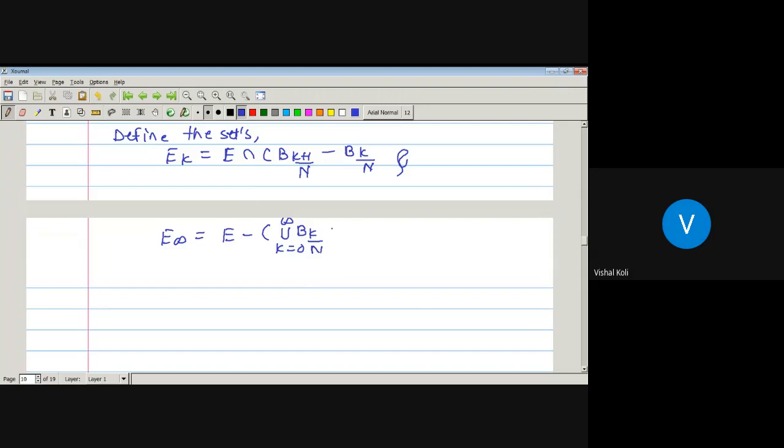That is, we will define these two sets. Now E_k is nothing but E intersection B_{(k+1)/n} minus B_{k/n}, and E infinity is nothing but E minus the union over k running from 0 to infinity.